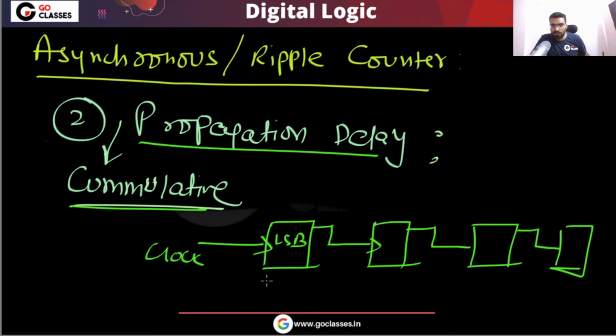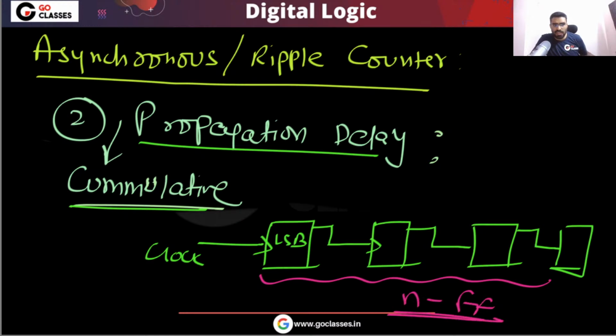If you have n flip-flops, then for the last flip-flop, what will be the delay?